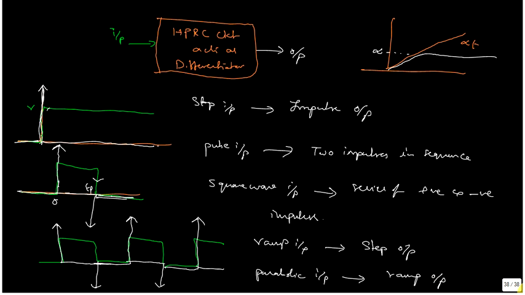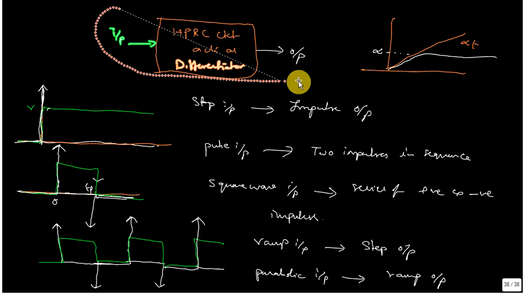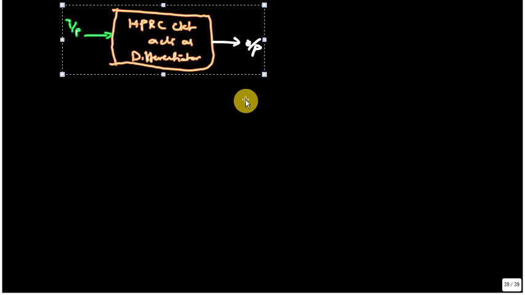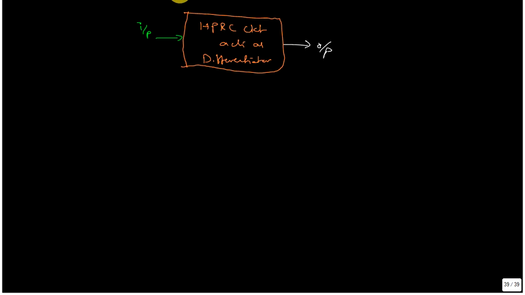So what happens when a sinusoidal input is applied to a high pass RC circuit which is acting as a differentiator? What will be the output? The output is also sinusoidal in nature, because we have already studied that for a linear circuit, that is the RC circuit, if you apply a sinusoidal input, you will get a sinusoidal output.